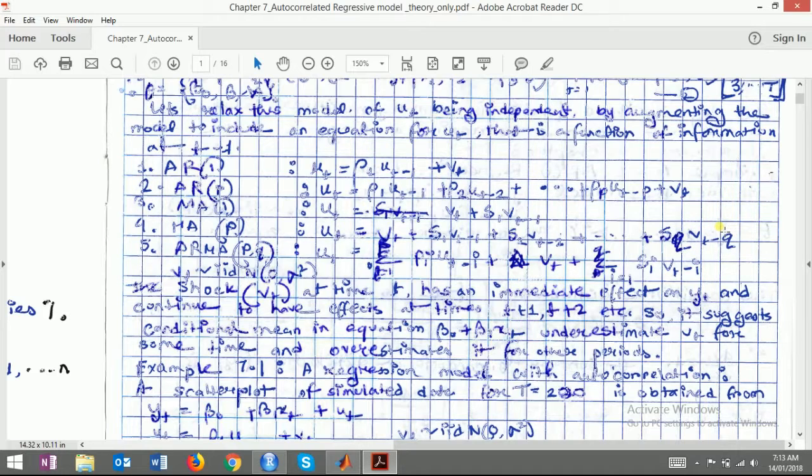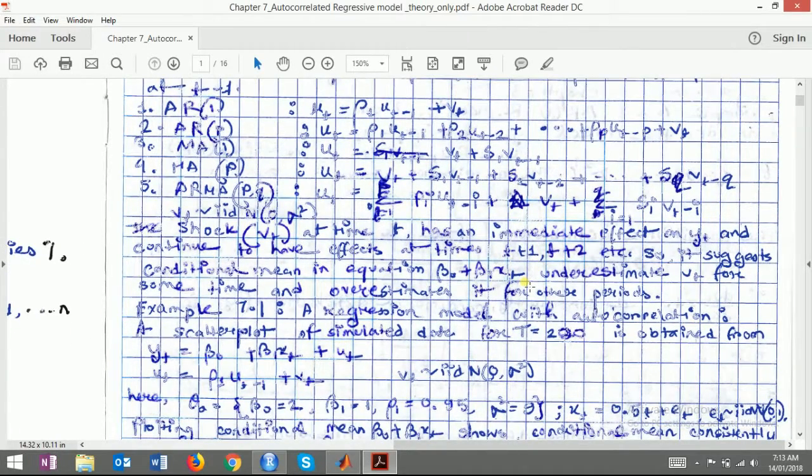The ARMA p,q model combines the AR and MA models, where ut is the sum from i equals 1 to p of rho i ut minus i, plus vt, which sits in between, plus the sum from i equals 1 to q of gamma i vt minus i, which is the moving average portion.